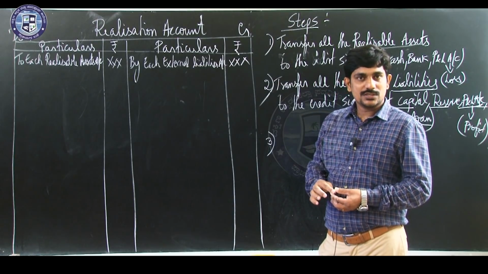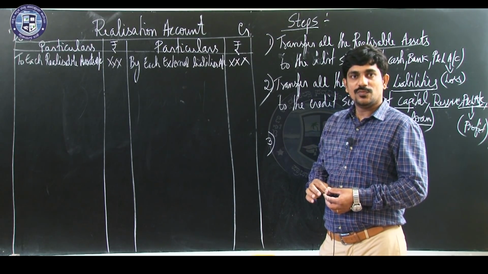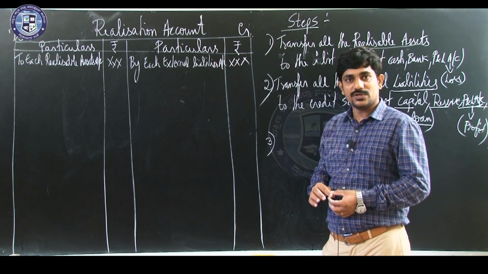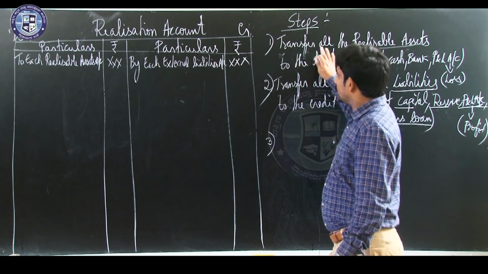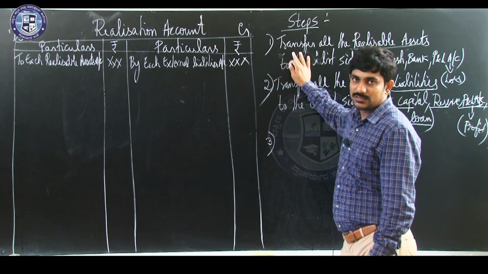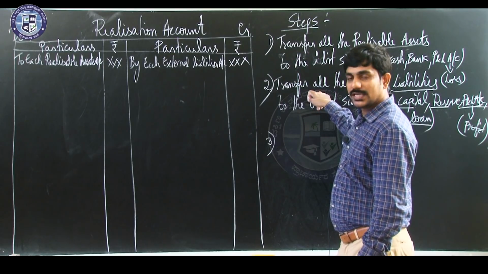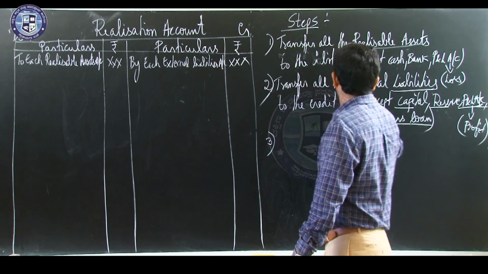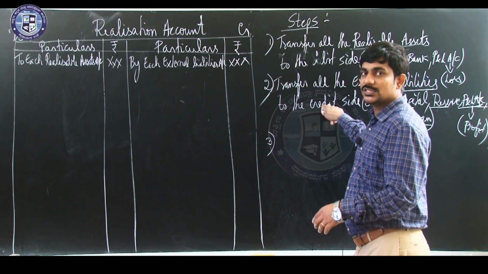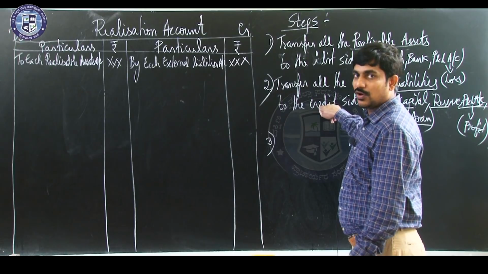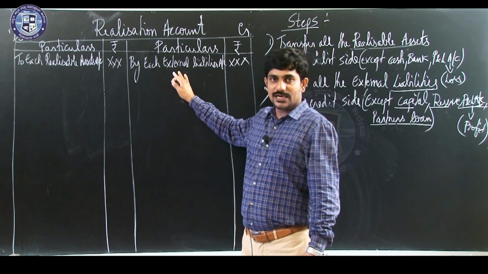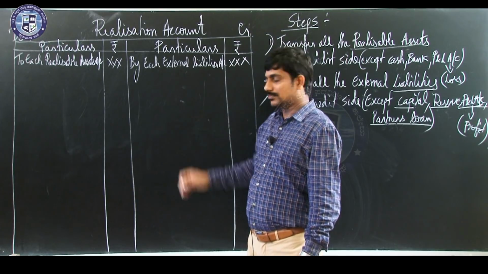In order to find out how many assets in the business you can realize, that you can convert into cash. Why are you transferring to the debit side? Because asset shows a debit balance. Then second step is you need to transfer all the external liabilities to the credit side in order to see how much money they need to pay to the outsiders.